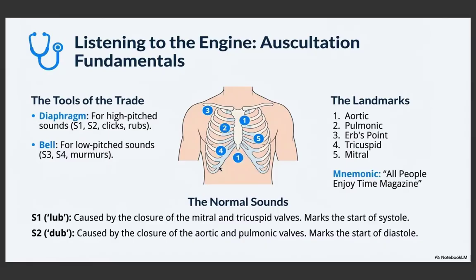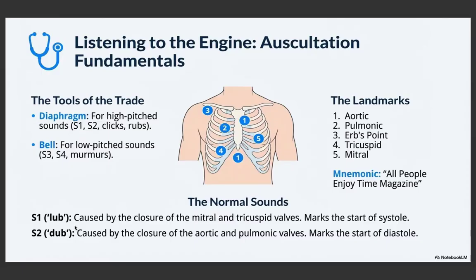I know it sounds so silly. But S4 is kind of like an early systole and S3 is a late diastole. Okay, so again, just so you guys remember, lub dub is what you're expecting to hear.